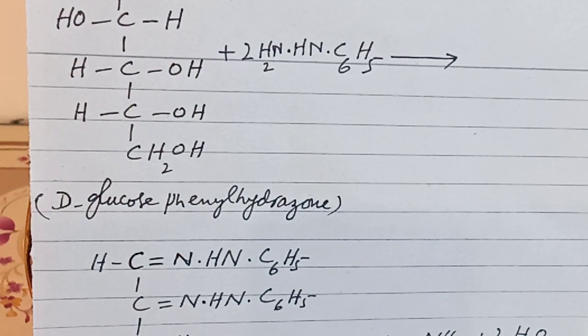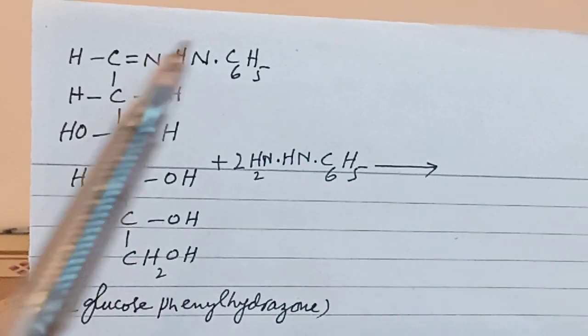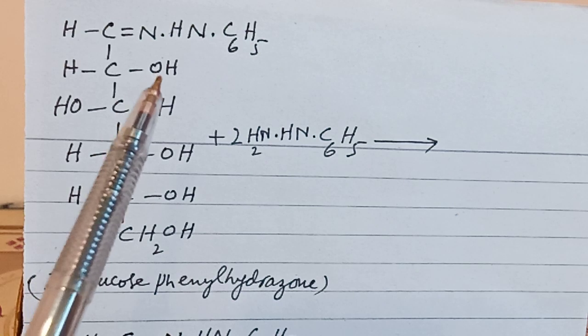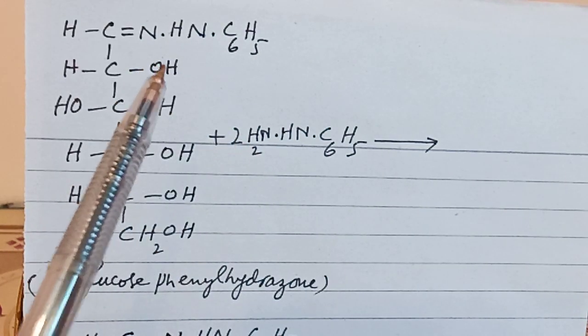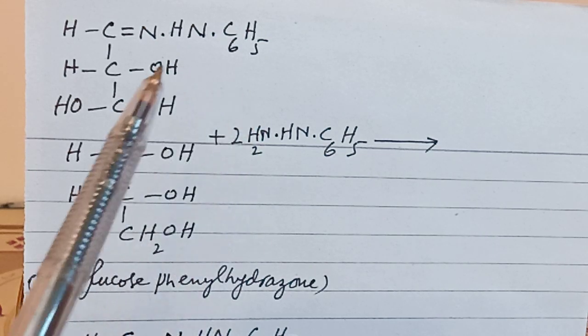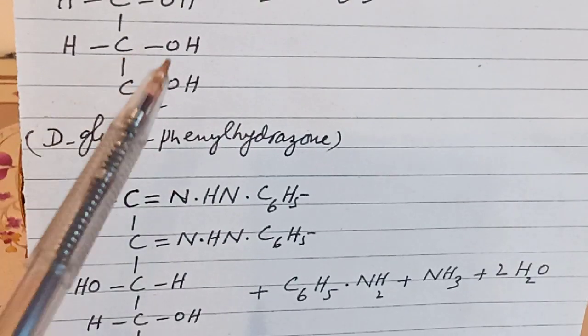Okay, here the 2 hydrogen will react with this alcoholic second group carbon atom. So 2 hydrogen will reduce the oxygen negative charge. Resultantly, again formation of water molecule takes place, and nitrogen will share with the second carbon atom like this.